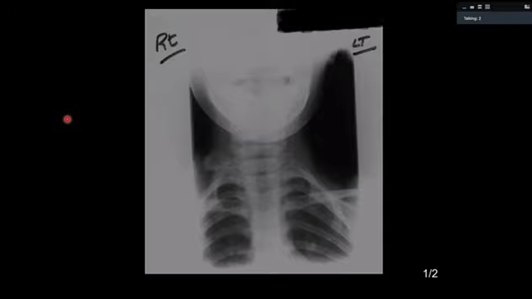Okay, so this is the frontal radiograph of the cervical spine and upper thorax. There is a well-defined calcific density adjacent to the right 7th vertebra. It's well-defined and doesn't appear to be separate from the vertebra.